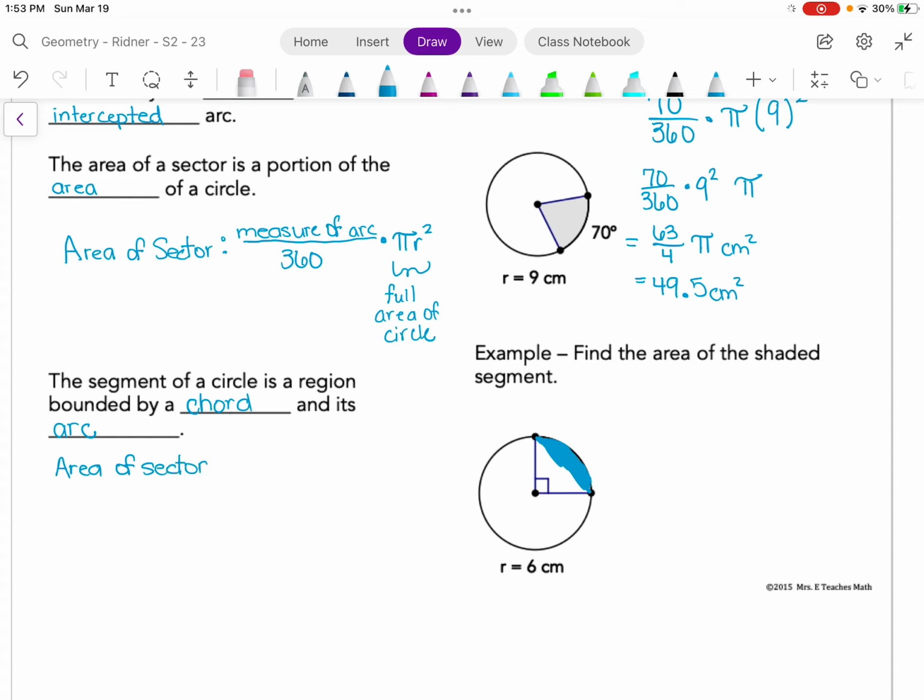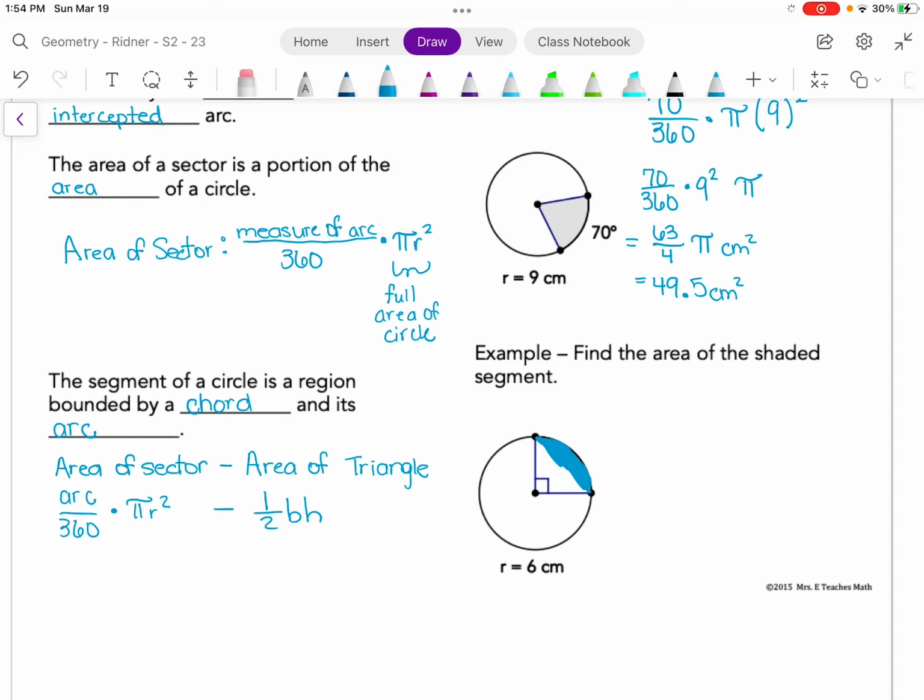And then notice that inside of that is a triangle, so we could subtract that area of a triangle to get the remaining piece of that. Okay, so remember, formula for area of a sector is arc over 360 times pi r squared. Remember, the area of a triangle is 1/2 base times height.